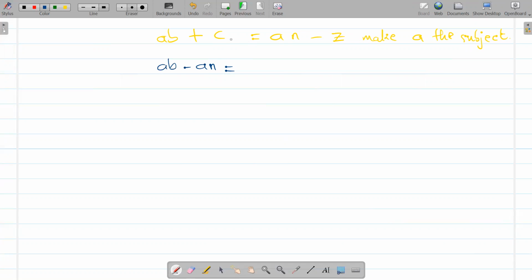Then the C also moved. So if the C is moving to the other side of the equal to sign, it becomes negative.